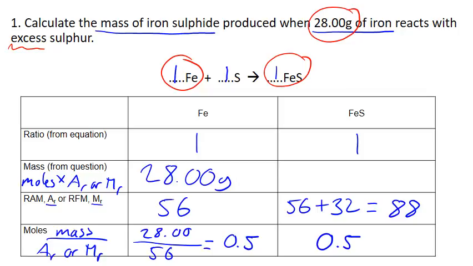Now for iron sulfide, FeS, that's going to be an MR, which I've just calculated as 88. So this is going to be the number of moles, which is 0.5, multiplied by the MR, which is 88, which is going to give me a mass of 44 grams. Really important that I do include the G for grams there, as I'm being asked about a mass.